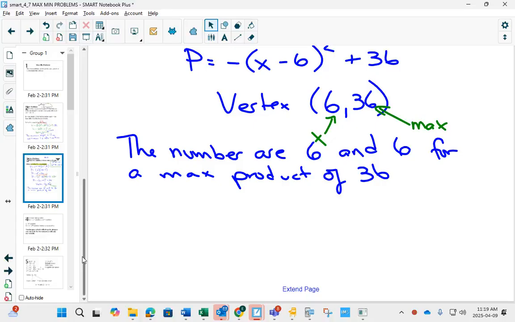There might be like 6.1 and 5.9. What does that equal? 35.99? Oh, so cool. Is that right? Seems like it would be close, but maybe not quite right.